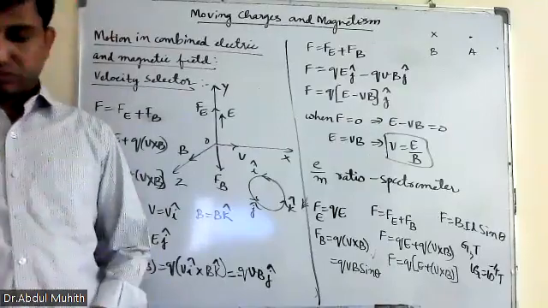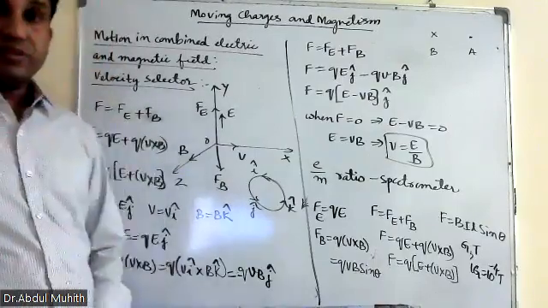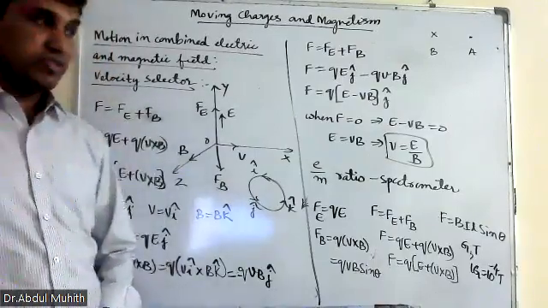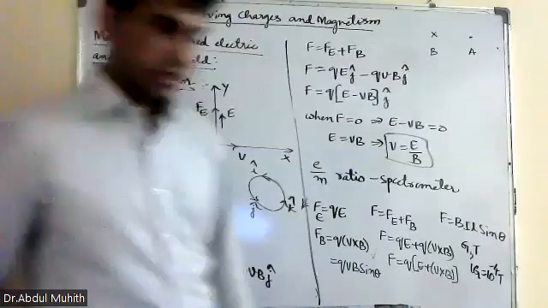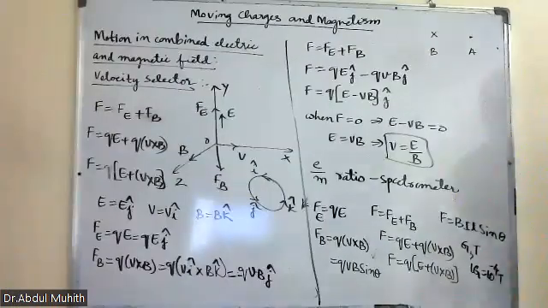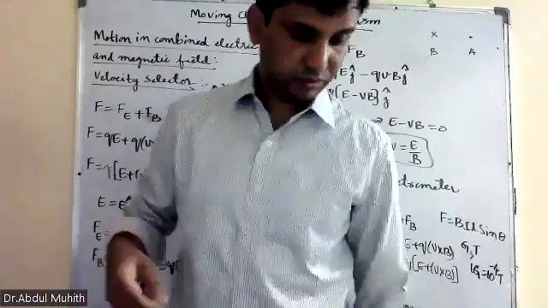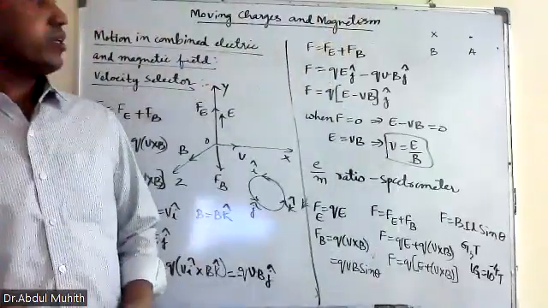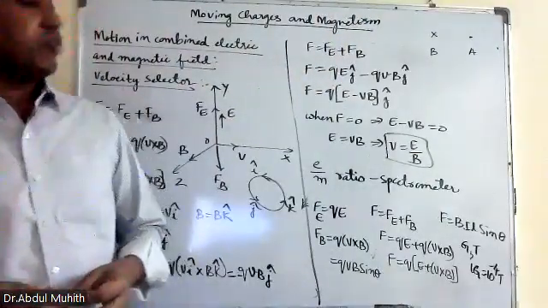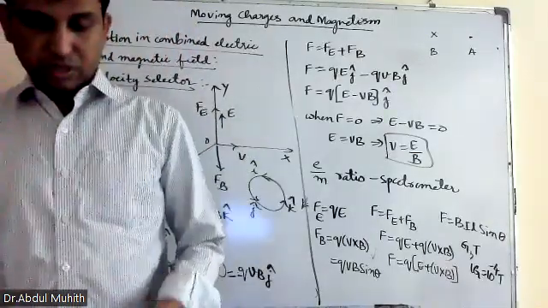The dot is coming out of the board, and the cross is going into the board. So A is coming out of the board and B is going into the board. Understood? Keep that in mind.